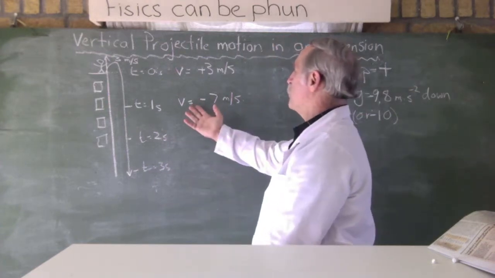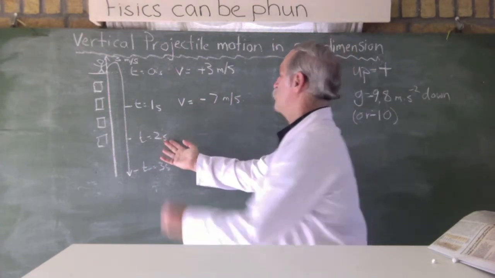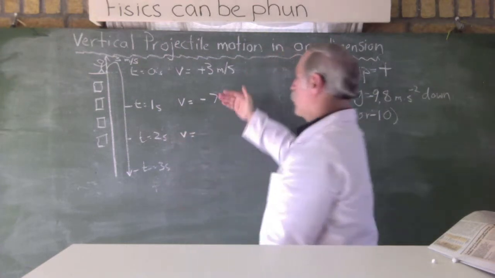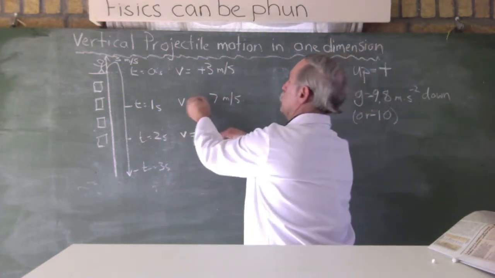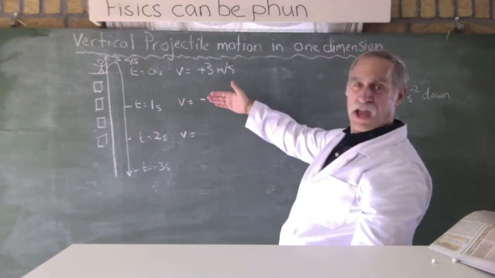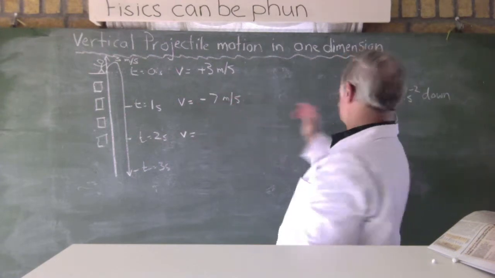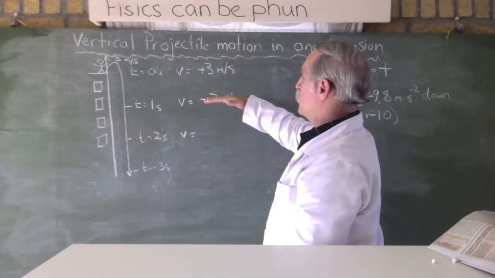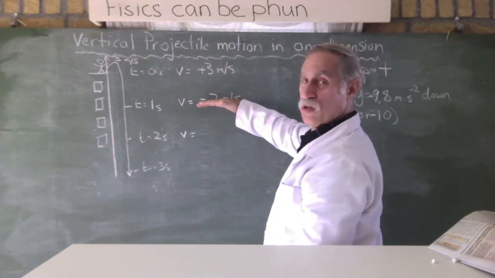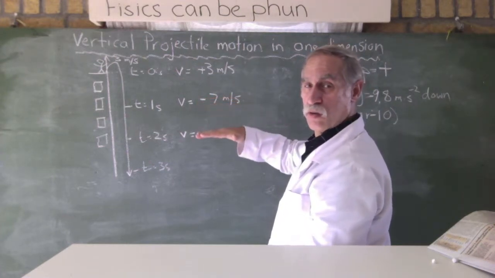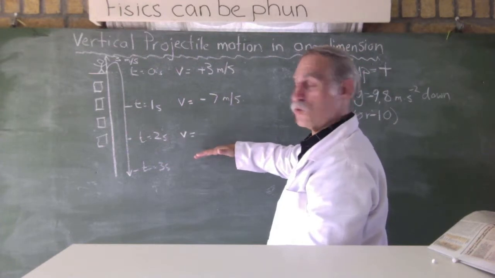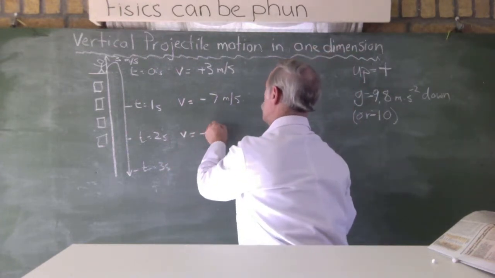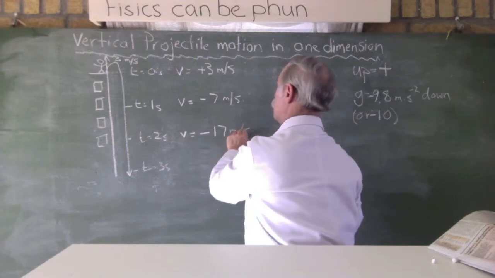And then after 2 seconds, what's the velocity going to be? Well, every second it accelerates by minus 10. So if it was minus 7, it's going to add on another minus 10, which is minus 17 meters per second.